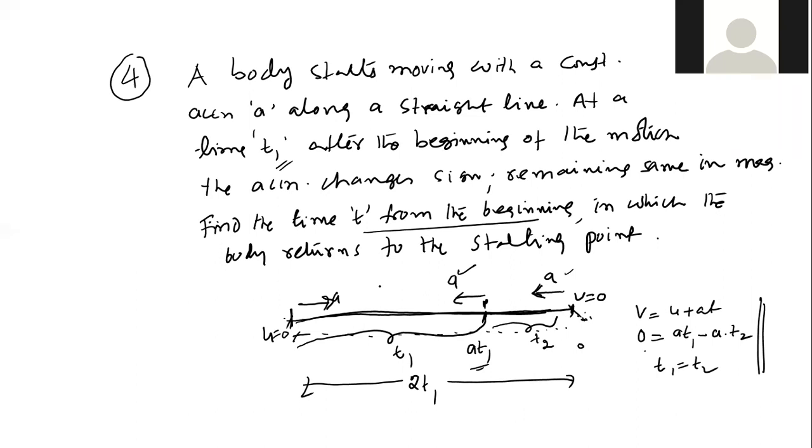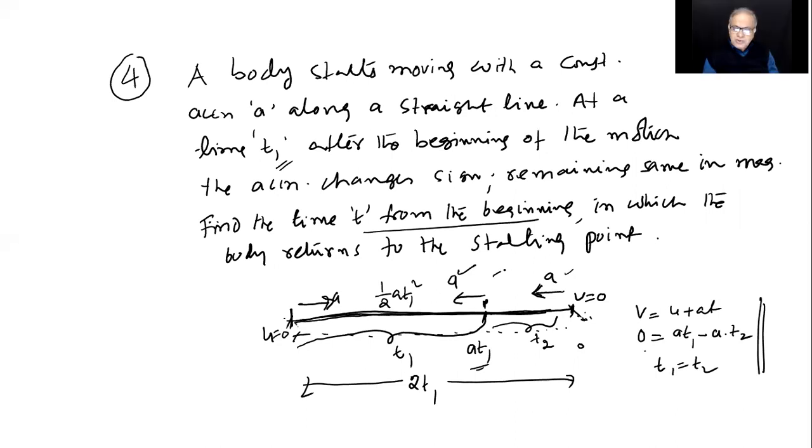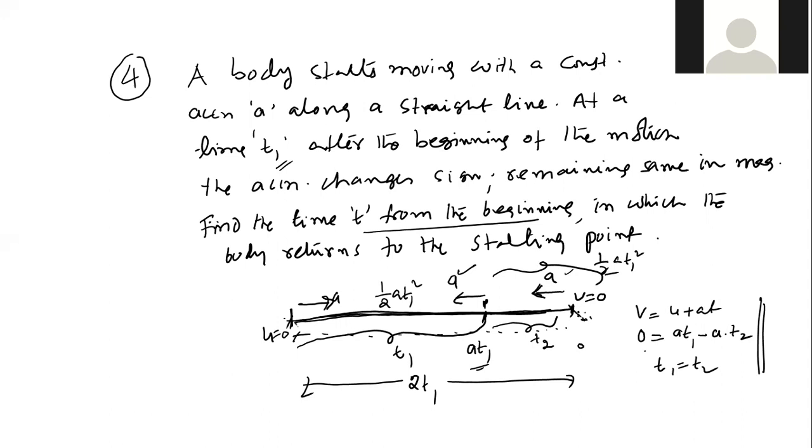Now this distance will be what? Half a t1 squared, whichever way you calculate. So the total distance it goes back is how much? Half a t1 squared. Now the distance is there, and the initial velocity is 0.